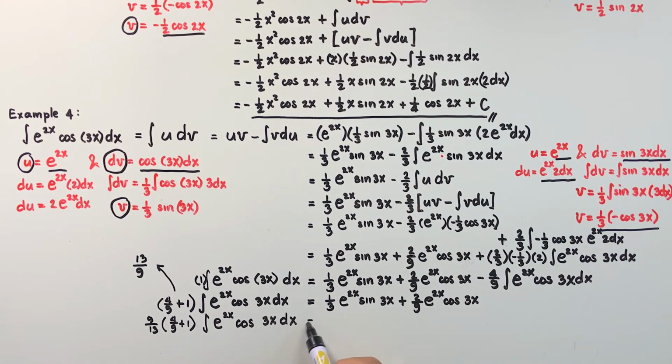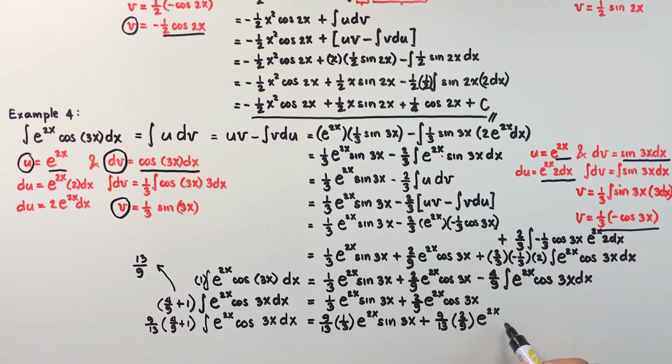And this is equal to 9 over 13 times 1/3 here times e to the power 2x times sine 3x plus 9 over 13 times 2 over 9 times e to the power 2x cosine 3x.